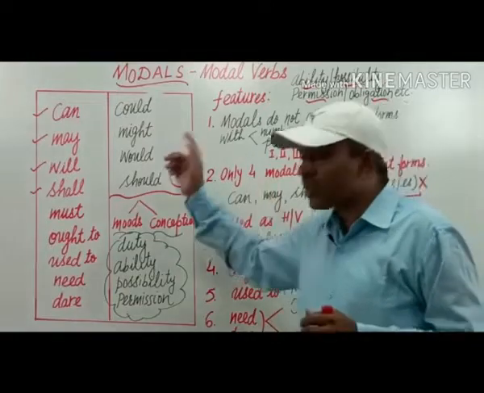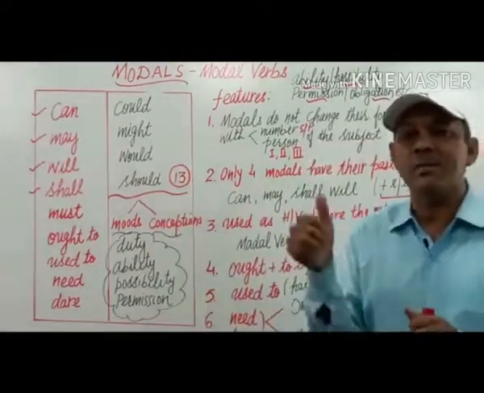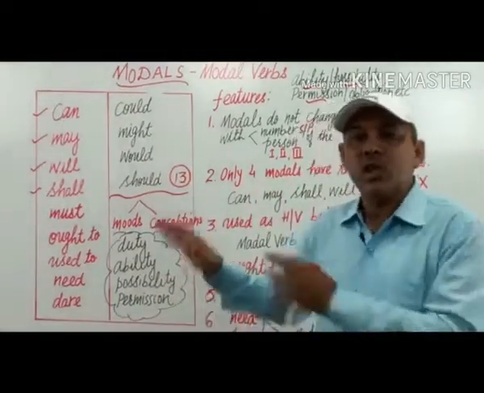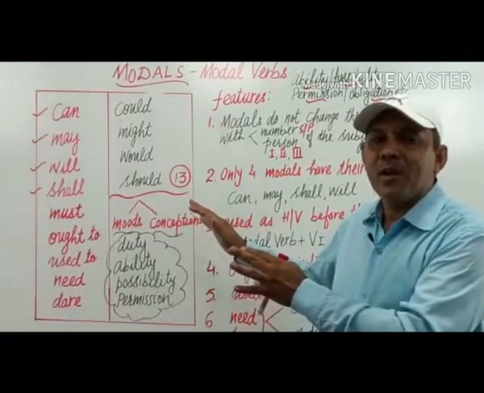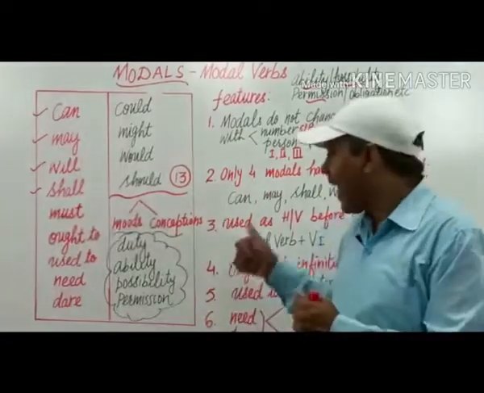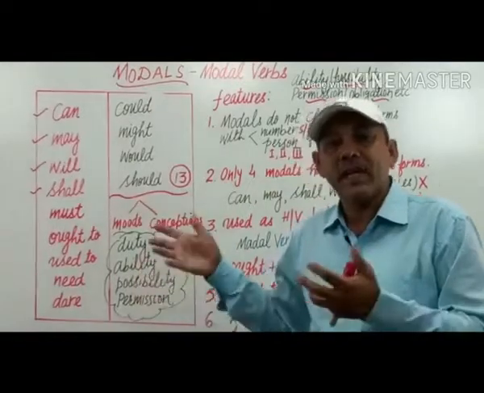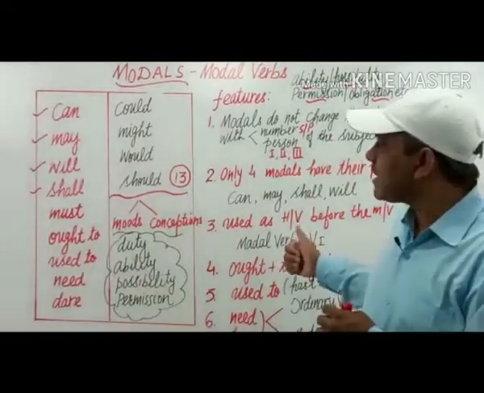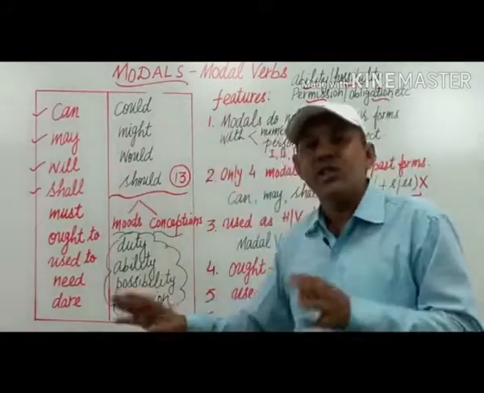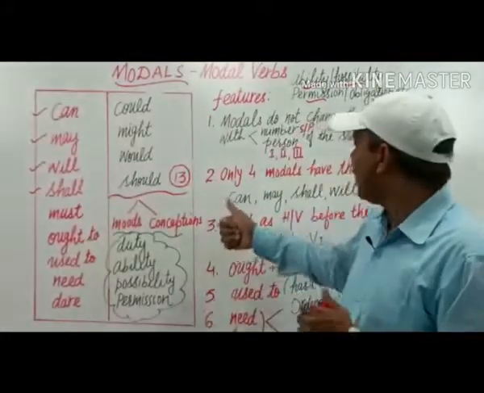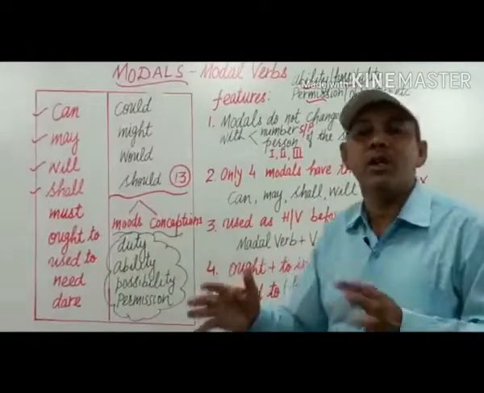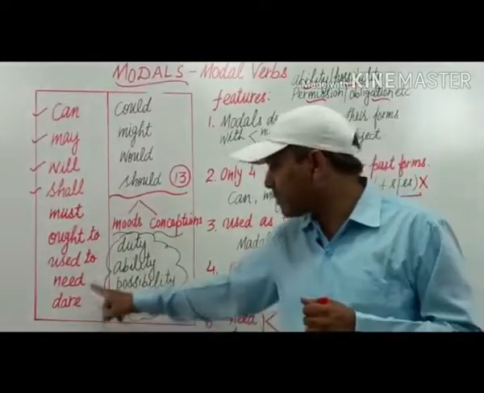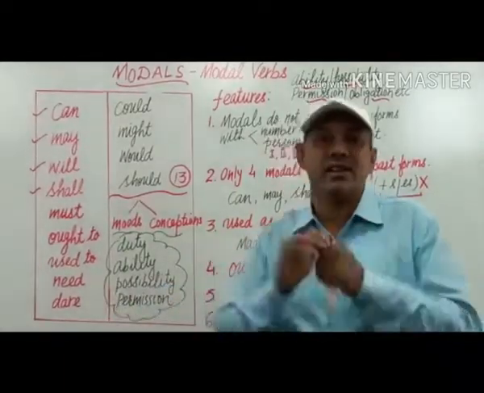As we have discussed, in case of primary auxiliaries be, do and have, they can act in both ways, as ordinary verbs, means main verbs, or as helping verbs in the sentences. But modal auxiliaries do not have the use as main verb in the sentence except need and dare.